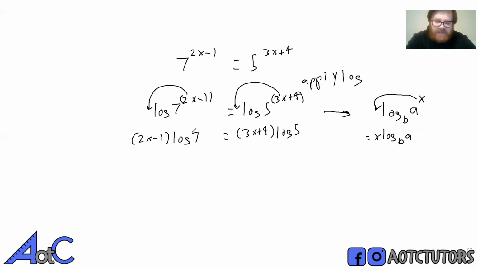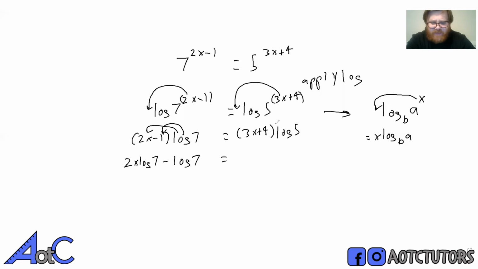I can treat log 7 like any constant and use the distributive property to expand this out. I multiply log 7 by the 2x, which gets me 2x log 7, and then multiply log 7 by the negative 1, which gets me negative log 7.